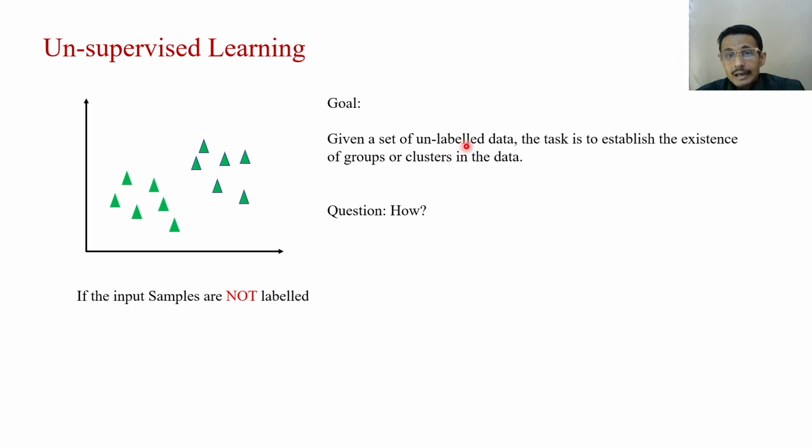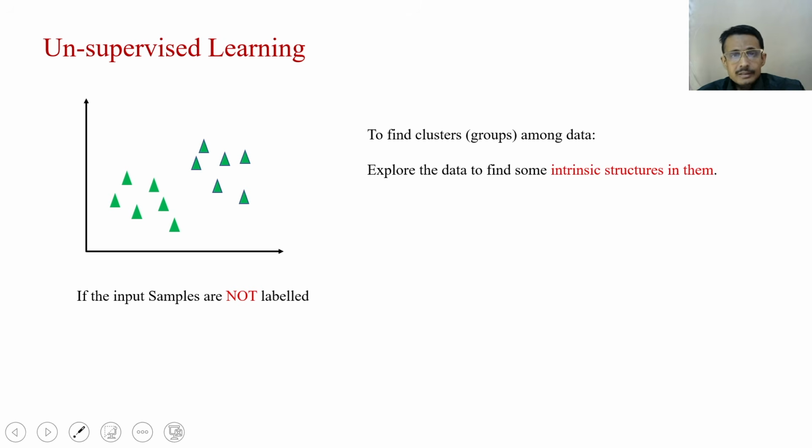Given a set of unlabeled data, the task is to establish the existence of groups or clusters in the data. Now the question is, how can we do that? You just see the data distribution. To find the cluster groups in the data, we have to find some intrinsic structure in the data set.